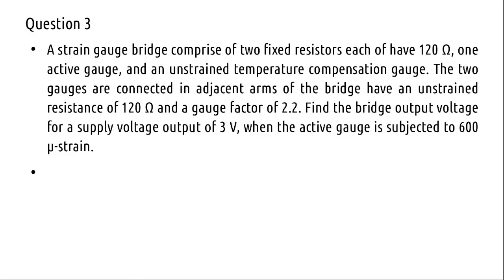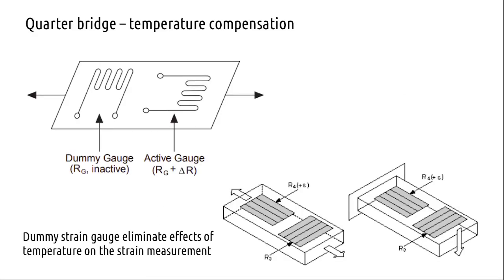So if we just review the theory first. The concept behind the dummy gauge is that the dummy gauge is mounted in a direction, say, perpendicular to the direction of interest. That means it won't be affected by the strain.